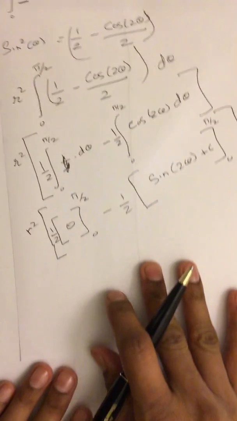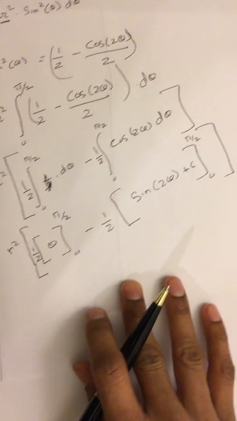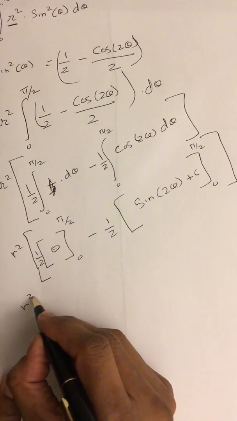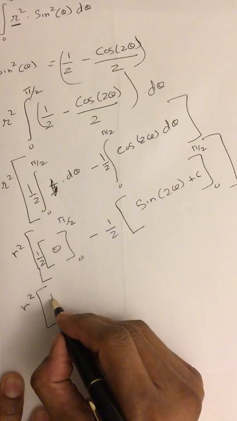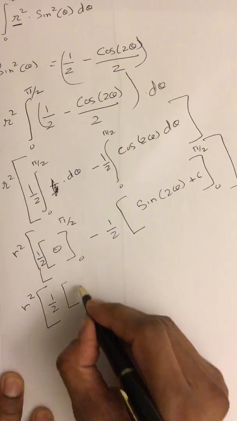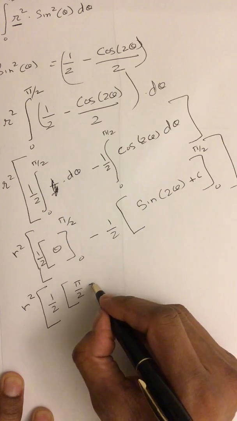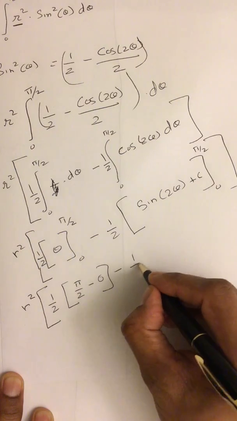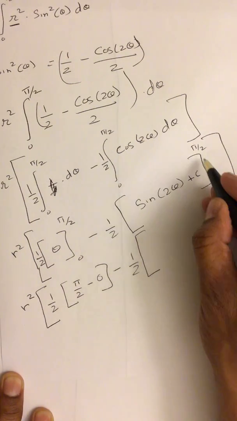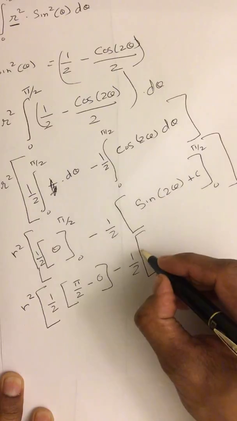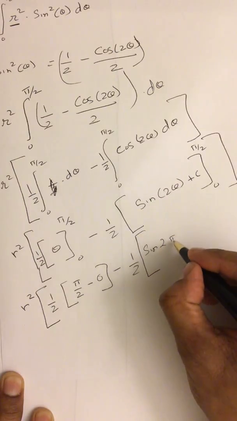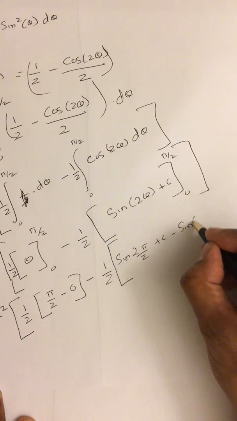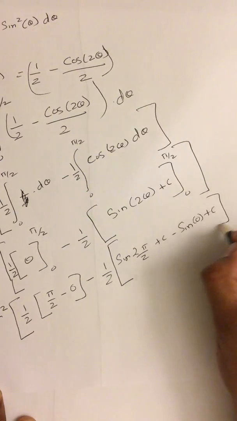So what is this? This is equal to 1 by 2 into pi by 2, upper limit minus the lower limit, and minus 1 by 2 into sine 2 times pi by 2 plus c, minus sine 0 plus c.